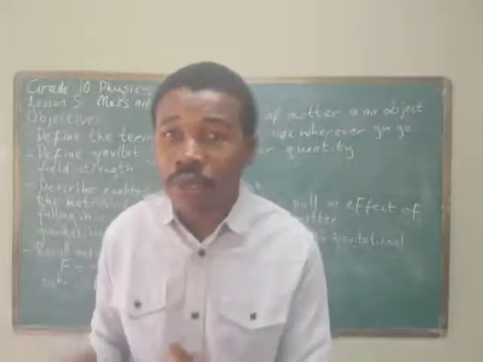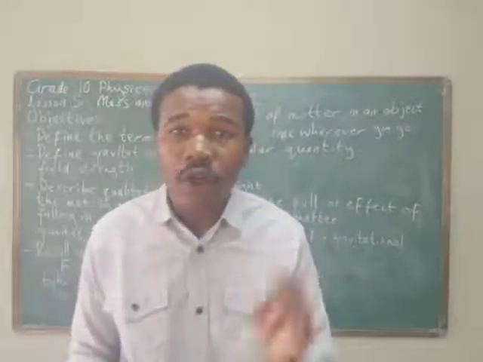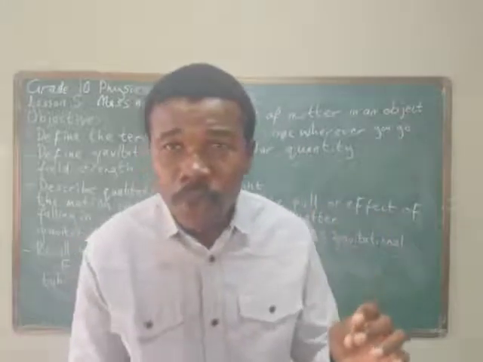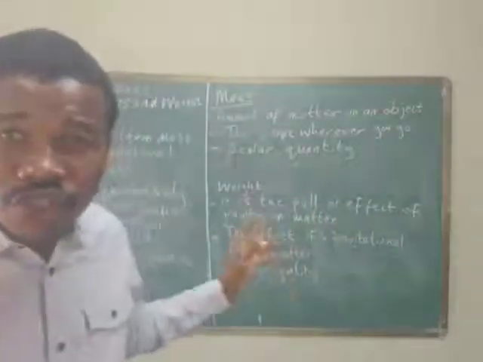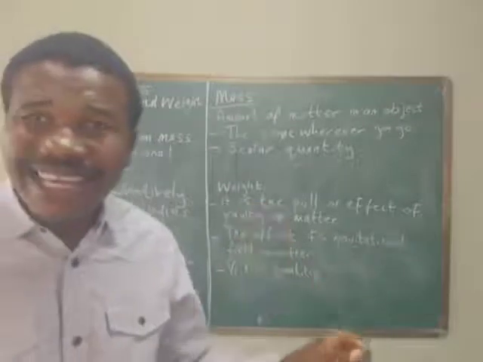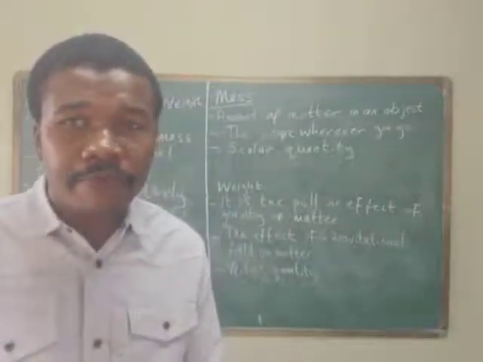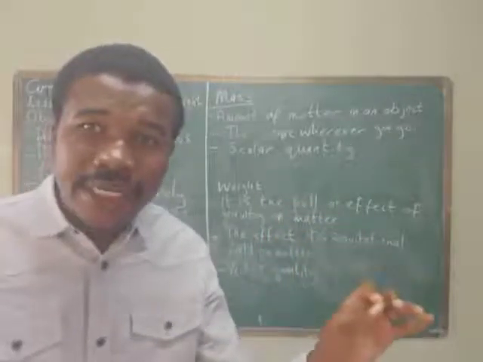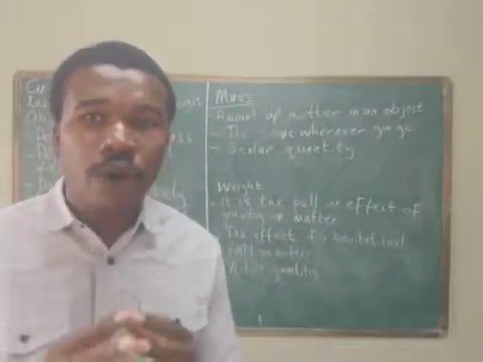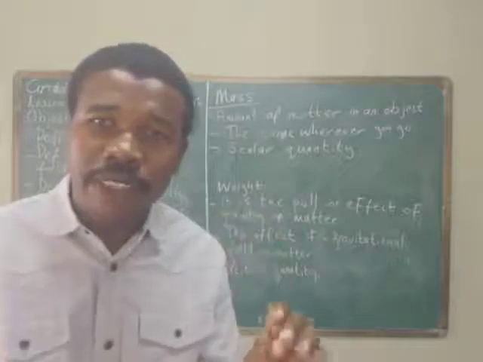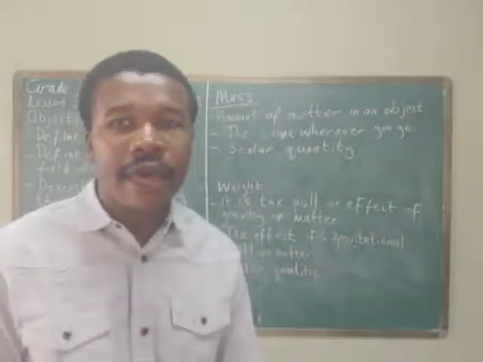If you're on the moon, because the gravitational field strength of the moon is different from the gravitational field strength of the Earth, you will find that your weight is less when you're on the moon as compared to when you're on the Earth.